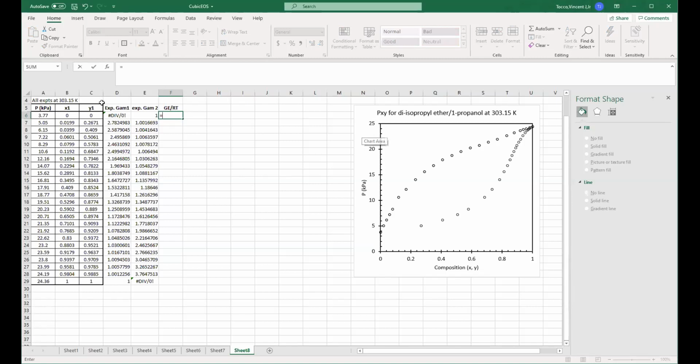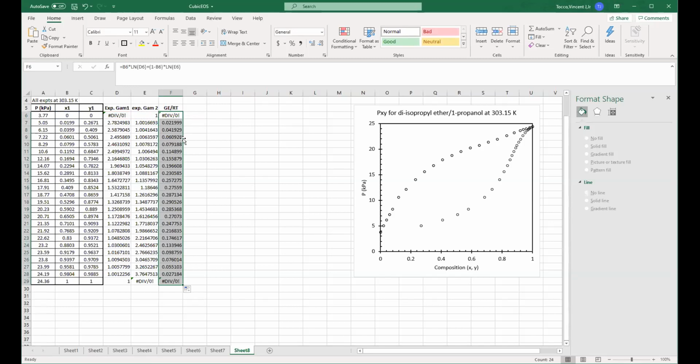So I've got equals x1 times ln of gamma 1 plus x2, so that's 1 minus x1, times ln of gamma 2 equals. All right, got to divide by 0 again, that's okay, and I'll click and copy that all the way down. Beautiful.